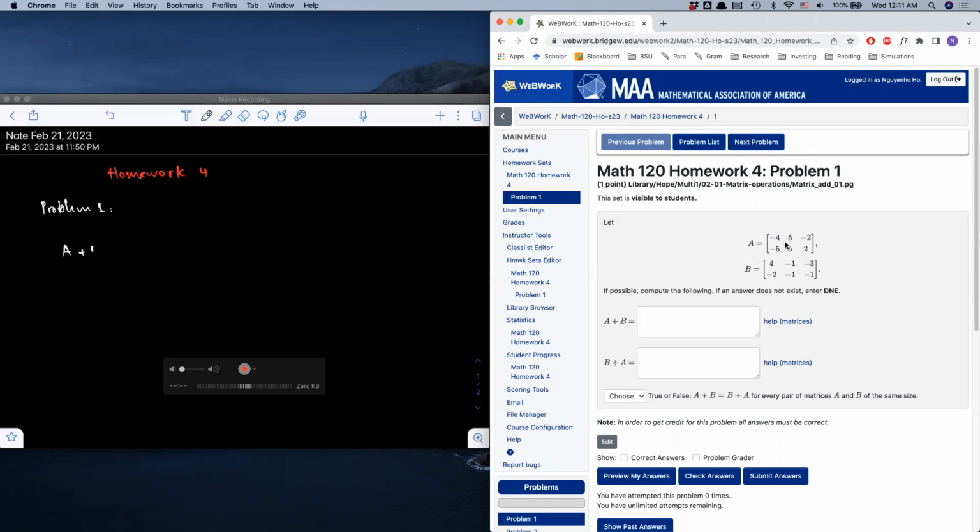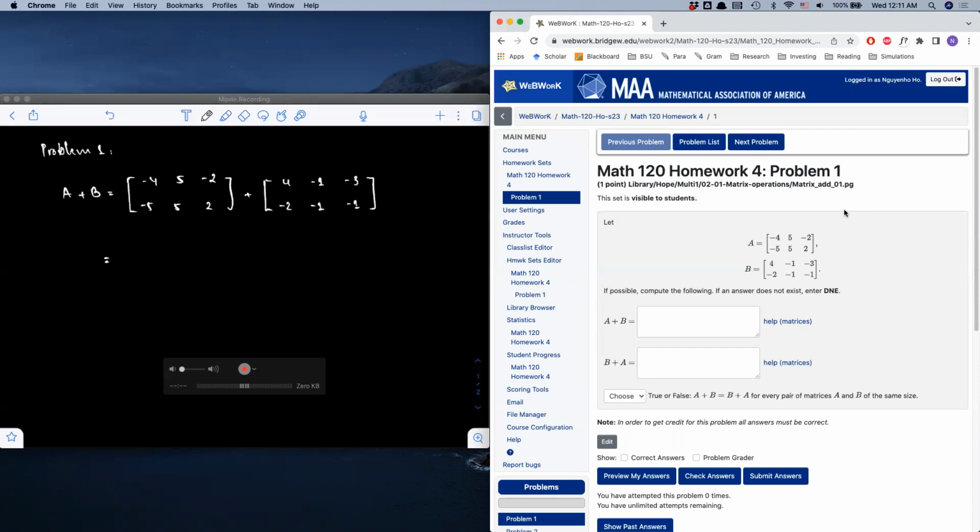A plus B is going to be -4, 5, -2, -5, 5, 2, plus matrix B, which is 4, -1, -3, -2, -1, -1. To find the sum, we just add the corresponding entries together.